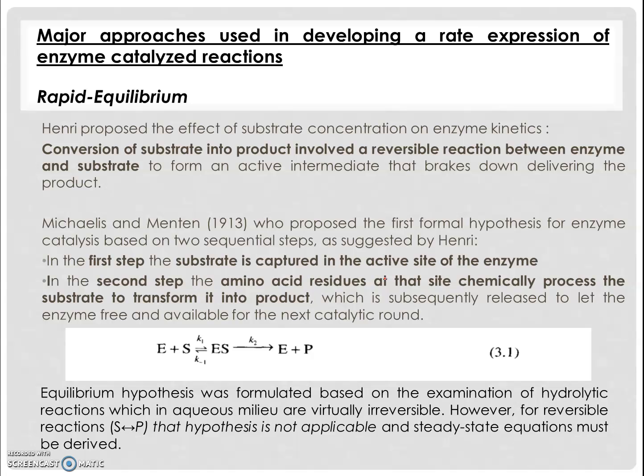Okay, there are two major approaches used in order to develop the rate expression of enzyme catalyzed reactions. The first one is by using rapid equilibrium. This rapid equilibrium was proposed by Henri, who said that the conversion of substrate into product involves a reversible reaction between enzyme and substrate, which then breaks down to produce the product.